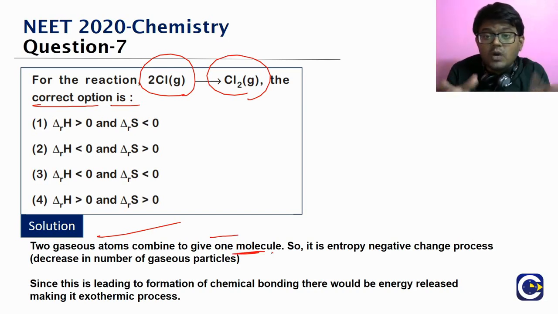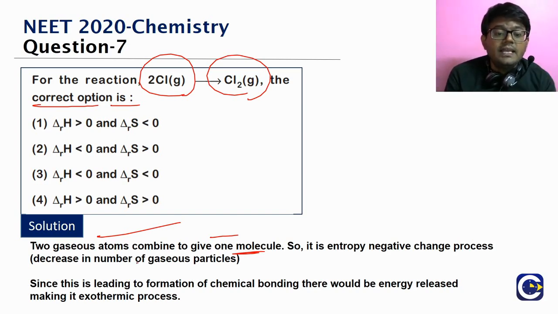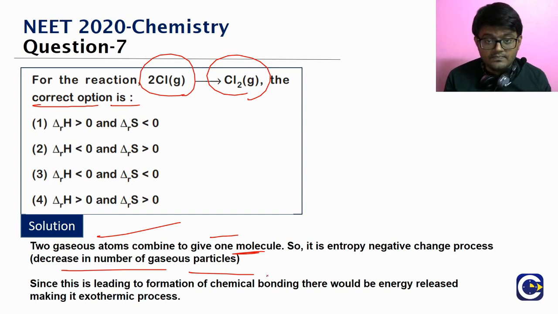So what do we observe? Previously we have two gaseous chlorine atoms, so the number of gaseous particles is more. Finally we are having just one molecule. So there is a decrease in the number of gaseous particles, and more gaseous particles means more entropy.